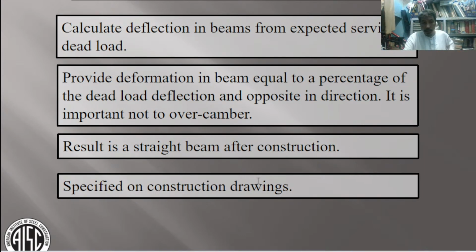So cambering is usually used as a countermeasure against deflection. That is the reason why we do this, to counteract deflection.